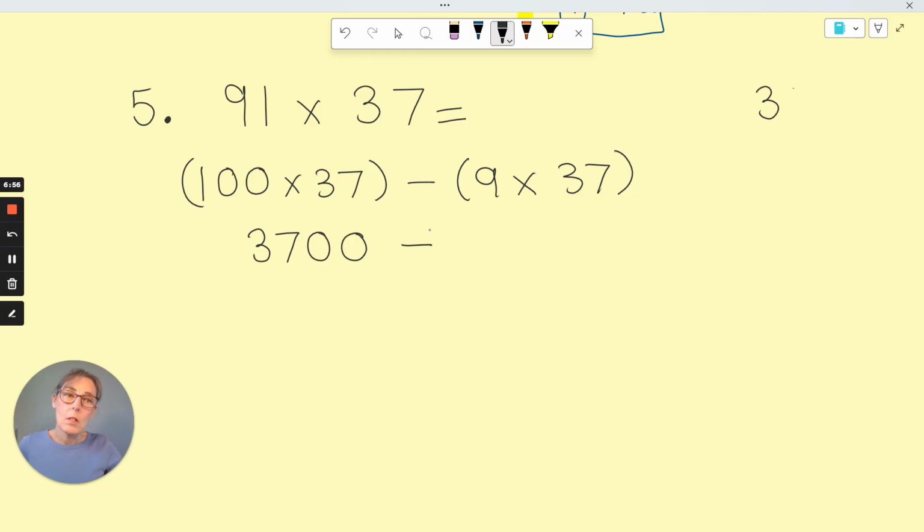So I'm going to do 37 times 9. 9 times 7: 2 nines are 18, 3 nines are 27, 4 nines are 36, 5 nines are 45, 6 nines are 54, 7 nines are 63. 9 threes, 2 nines 18, 3 nines 27, add 6, 27, 28, 29, 30, 31, 32, 33. So 333.